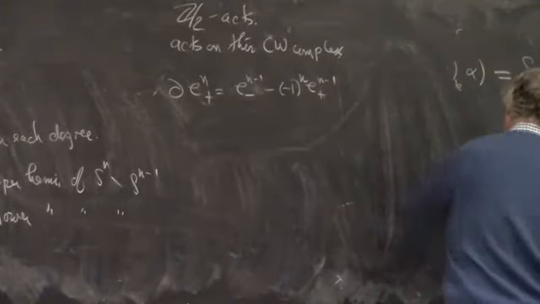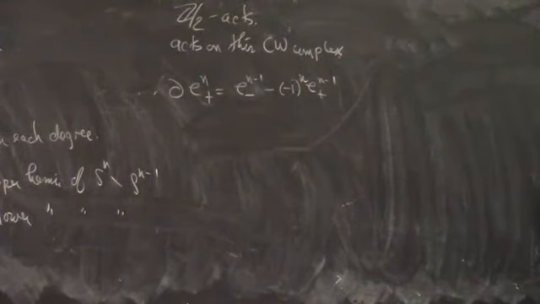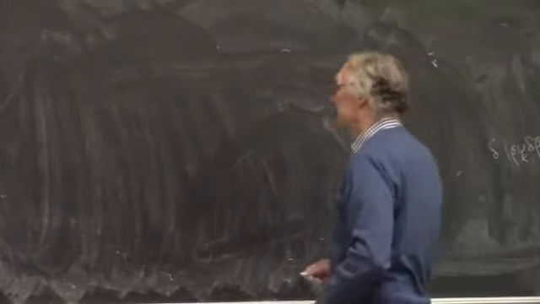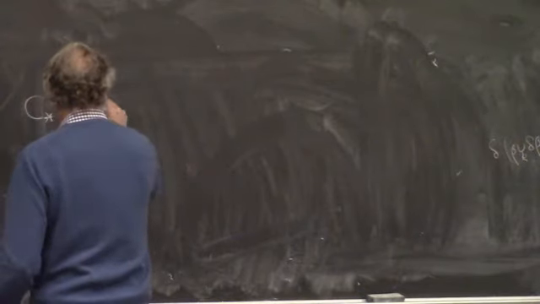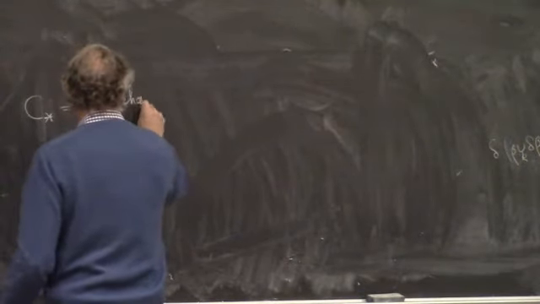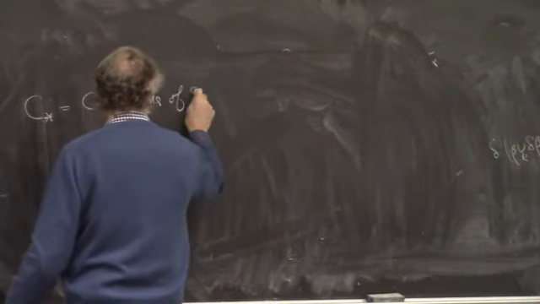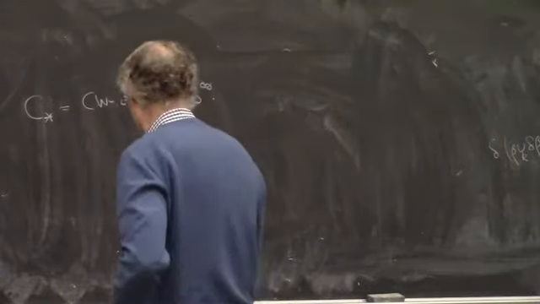So that's S^infinity as a Z2 space and its CW chains. I'm going to call those chains C_*, the CW chains with respect to this decomposition of S^infinity. Okay. And then that gives me that resolution.